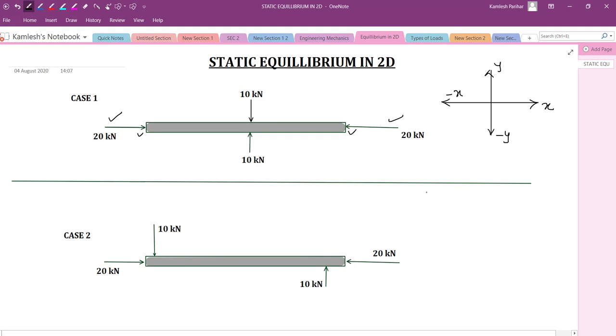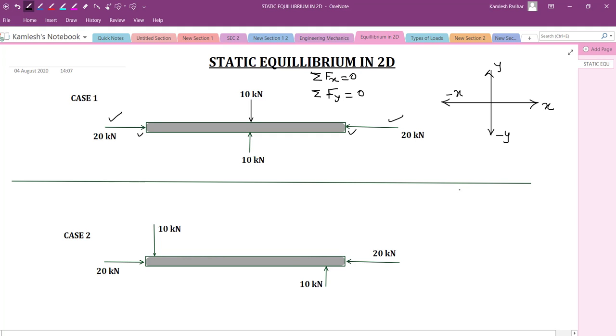So if I apply an equation, summation of all the forces along x-axis is 0, and sum of all the forces along y-axis, that is summation of Fy, is 0. Now see case 2.